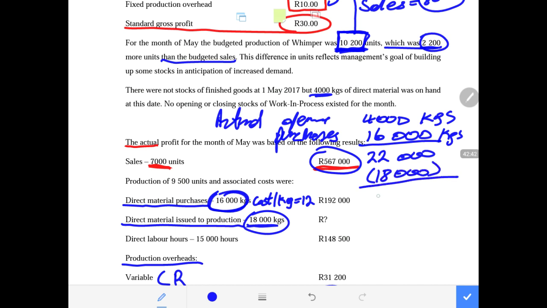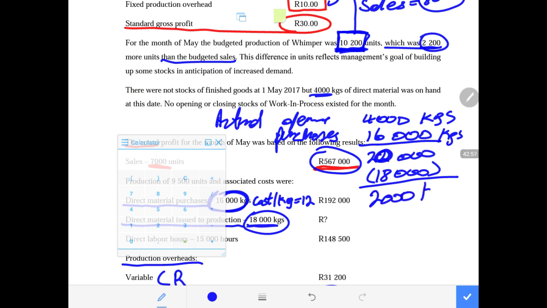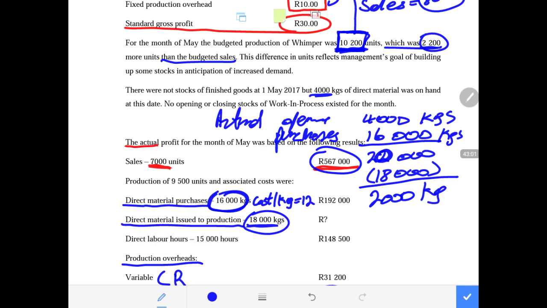Therefore now what will be left will be a total of 4,000 kgs. This is 20, not 22, 16. So meaning the closing becomes 2,000 kgs. So now that will be 2,000 kgs. That will be the inventory of raw material left at the end of the year.